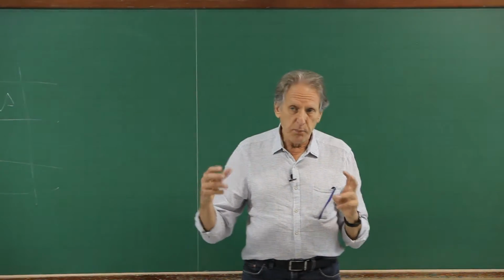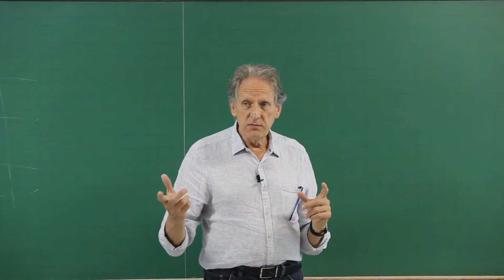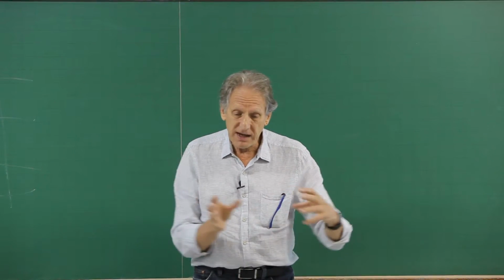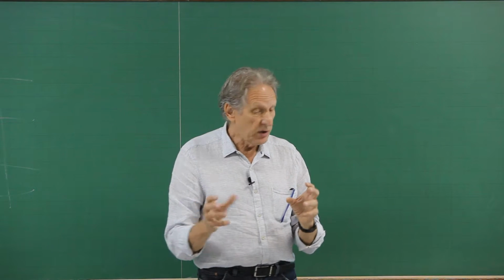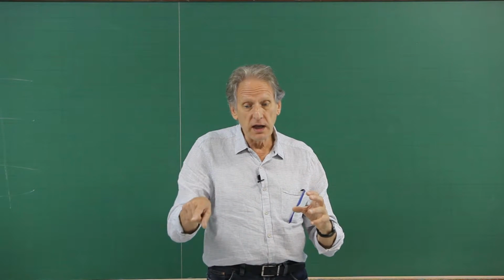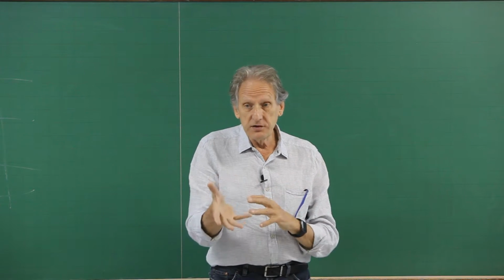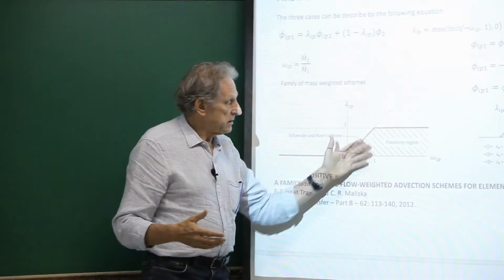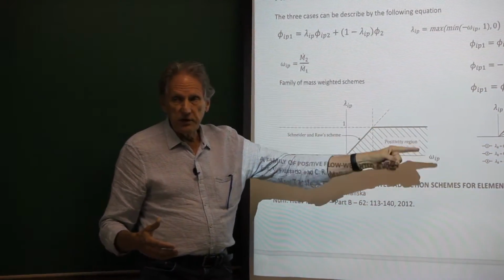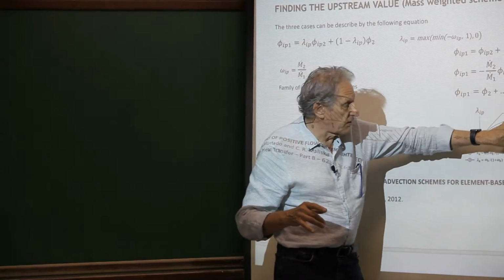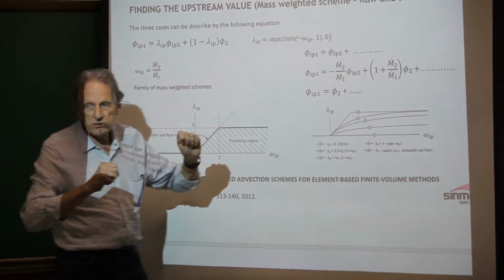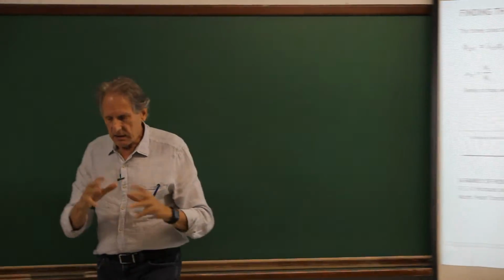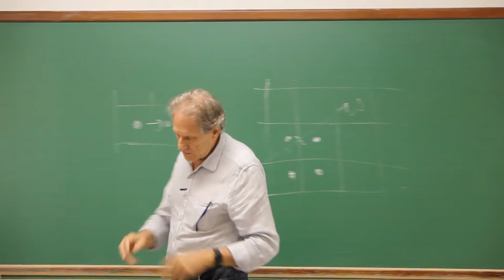The family of positive schemes, we could call mass flow weighted schemes, because they depend on the mass flow in order to tell you which point is the donor point, and you can find different schemes. You cannot have one outside of this region. If the scheme is outside of this region, it gives you negative coefficients. And this is a very nice discussion which is there in this paper.